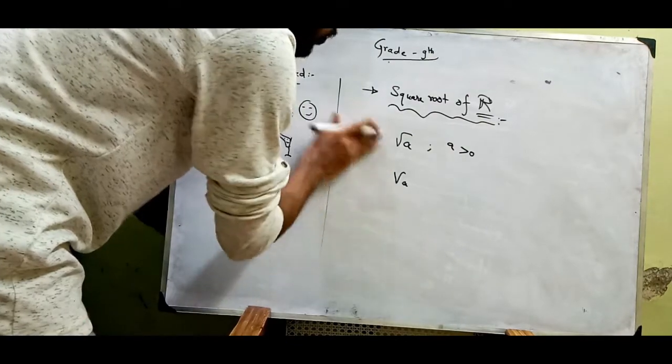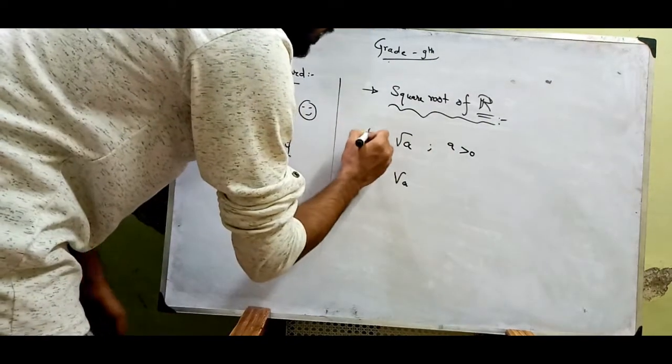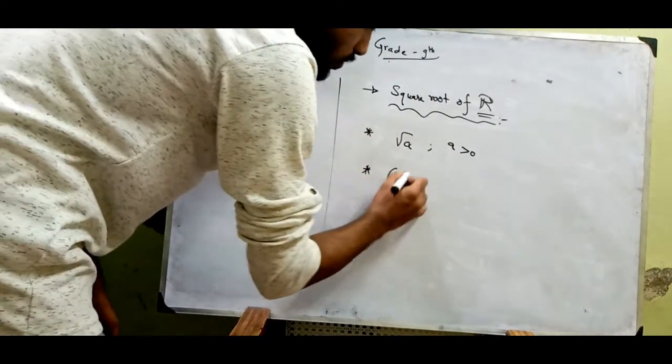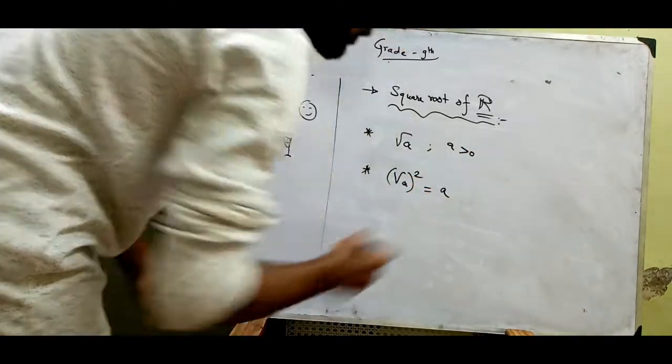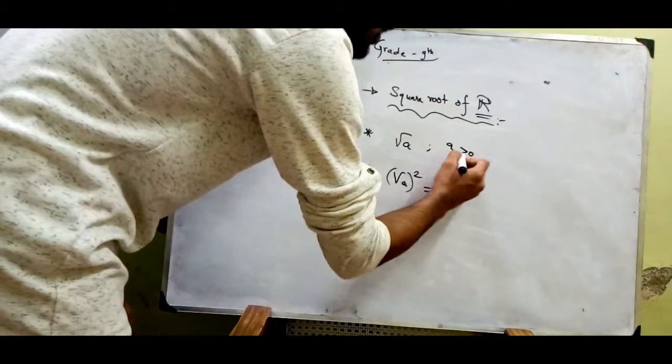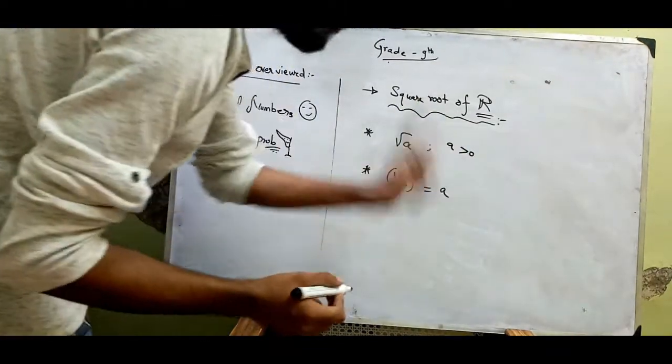These are certain points. The square root of A, whole squared, will be A, provided A is positive only.